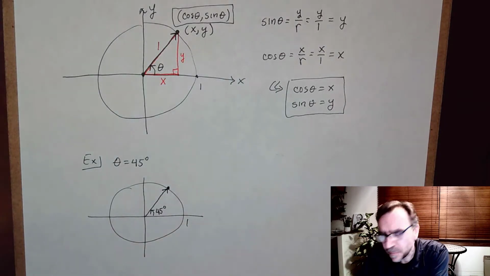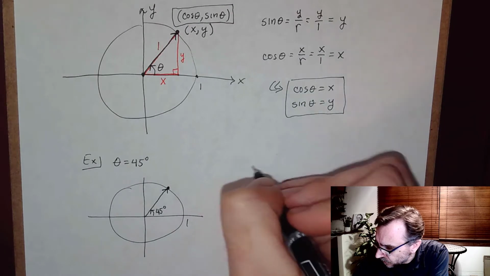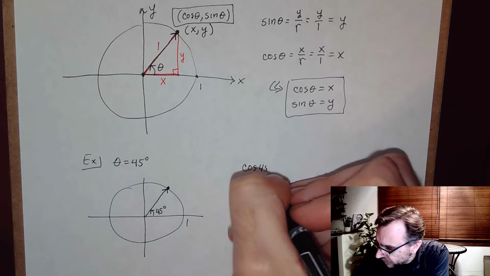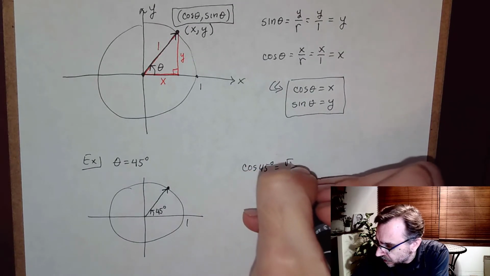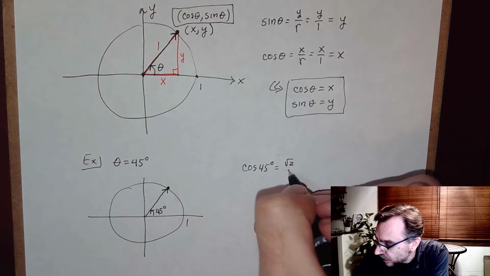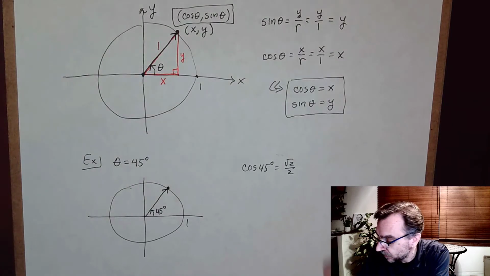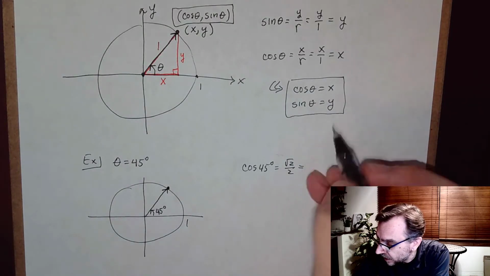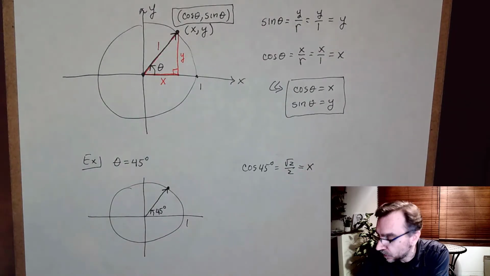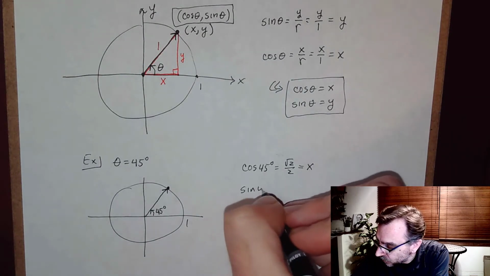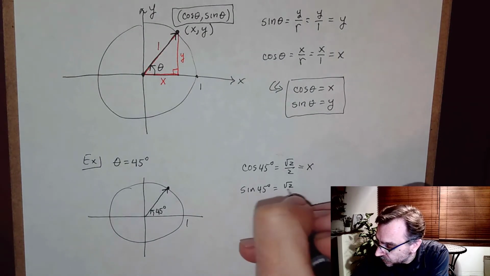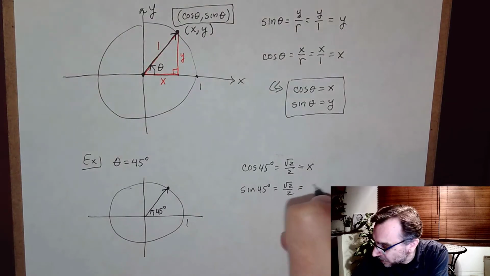Now that point, we know cosine of 45 degrees is equal to, we memorized from last section, square root of 2 over 2, and that's an always. You can get that off your calculator as well. But that's going to be the x-coordinate on the unit circle. Sine of 45 degrees is also square root of 2 over 2, and that's going to be the y-coordinate.